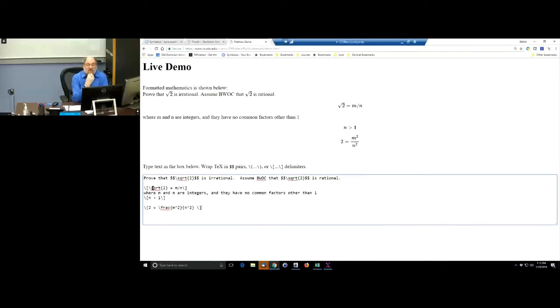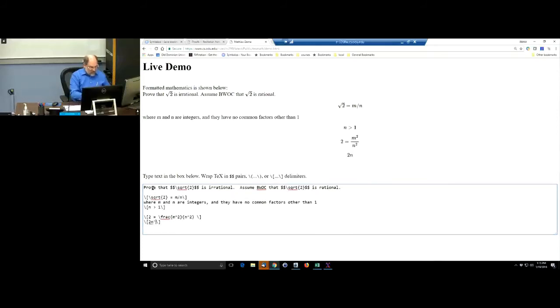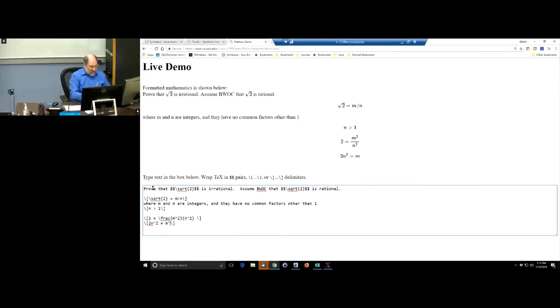Then, since we've already established that n has to be greater than 1, we don't have to worry about the possibility that it's 0, that's lucky. That means I can multiply through by n squared on both sides and say that 2n squared equals m squared.